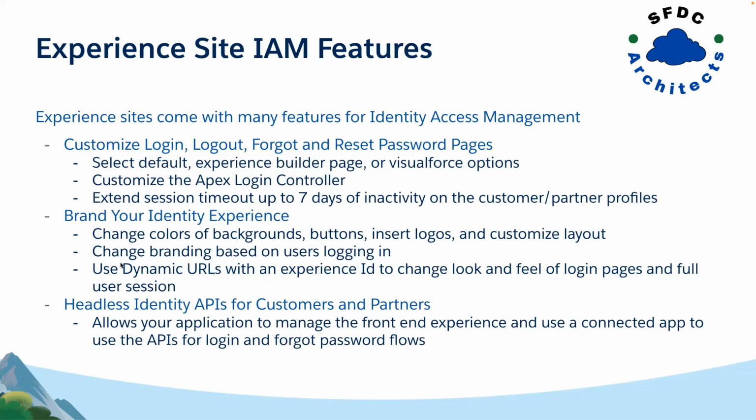So in the link that you send, maybe you send an email to the partner, or you have it on your application, the button that has the login experience would have EXP ID, and whatever you name that identifier, it will say this is the standard partner or this is the gold partner, and it can change both the look and feel and also the form that they get. So that's using dynamic URLs.